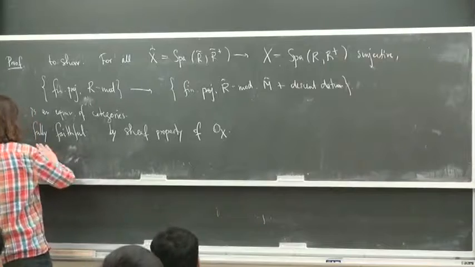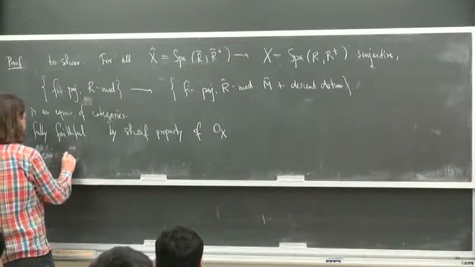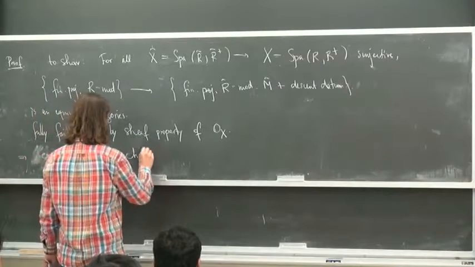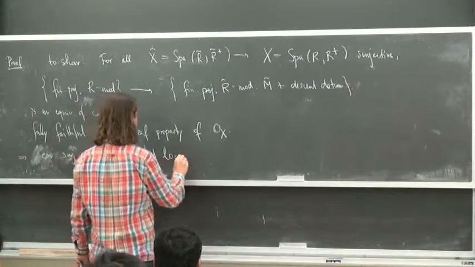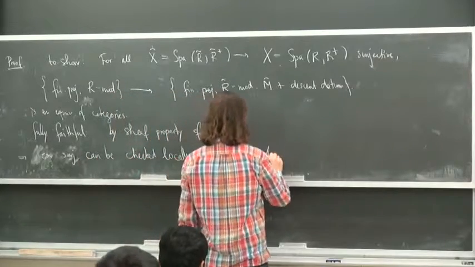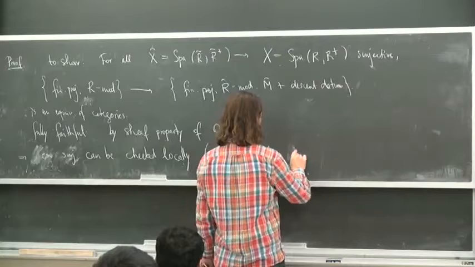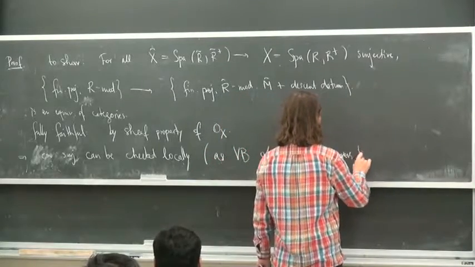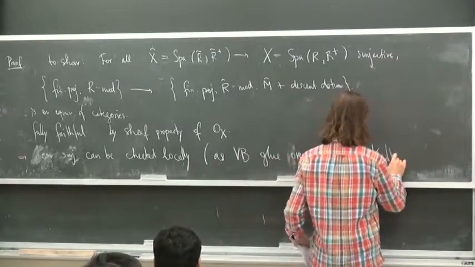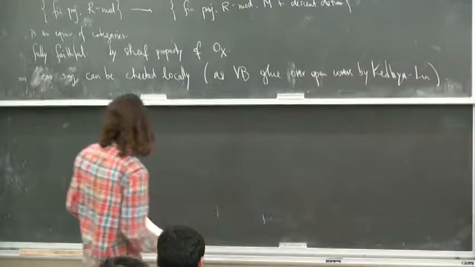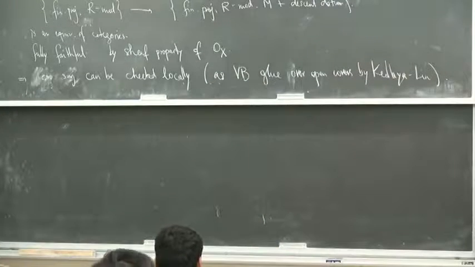Essential surjectivity can be checked locally, as vector bundles glue over open covers. Okay, so we have to do this locally.